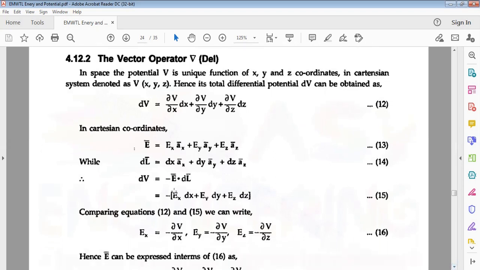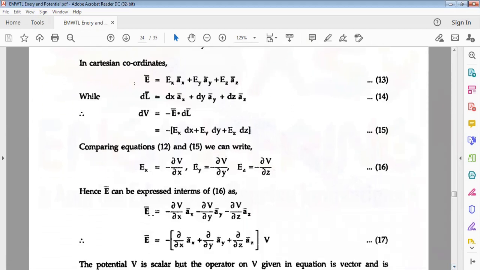Now comparing these two functions, dV is equal to dou V by dou x into dx, and here Ex is the coefficient of dx and dou V by dou x is the coefficient of dx. So the Ex value is minus dou V by dou x, Ey is equal to minus dou V by dou y, and Ez is equal to minus dou V by dou z. Got it, my students?